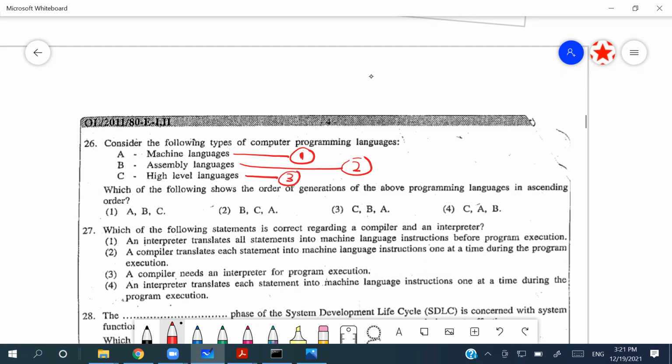Pascal is also a high-level language. So the correct order is A, B, and C. They are asking for ascending order, so it is the first one, A, B, and C. It's a little bit out of your syllabus, but it's good you get to know it.